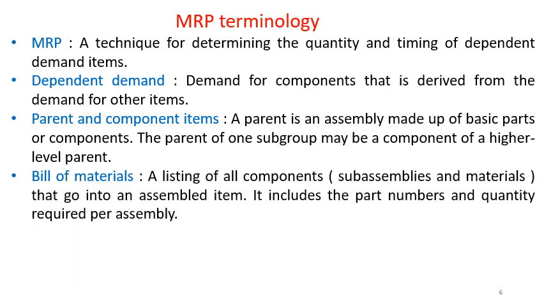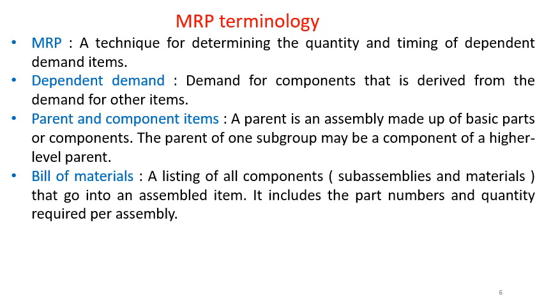Next, bill of materials, a very common term used in MRP terminology. The bill of materials is very important because it is the listing of all components, including the sub-assemblies as well as the materials that will go into an assembled item.